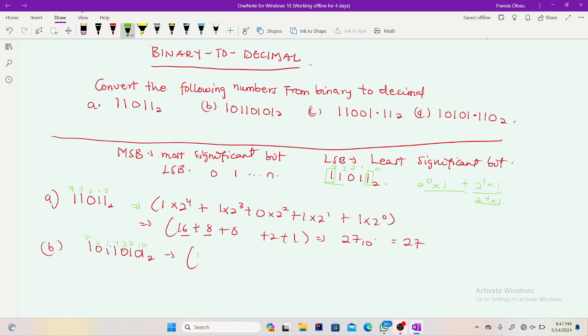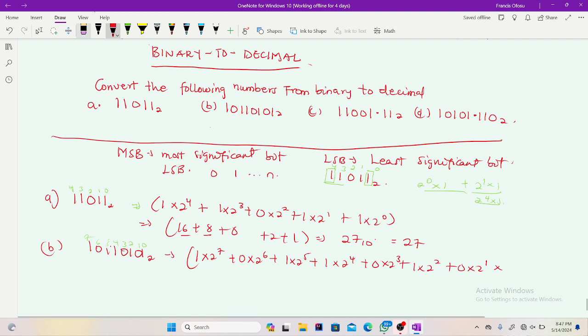So I'll start from 1 times 2 to the power 7, plus 0 times 2 to the power 6, plus 1 times 2 to the power 5, plus 1 times 2 to the power 4, plus 0 times 2 to the power 3, plus 1 times 2 to the power 2, plus 0 times 2 to the power 1, and finally plus 1 times 2 to the power 0.